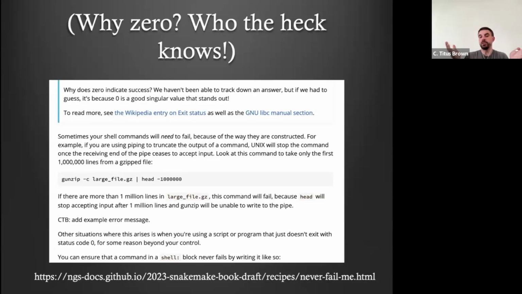This actually returns a non-zero exit code on any large file because head will stop accepting input. gunzip will try to write output and it will fail to write, and gunzip will say, oh, that shouldn't happen. And then your shell command will fail and SnakeMake will fail. So if you actually want to write subsampling into your snake file, you have to put an or true at the end of this command. And this mystifies students. So I wrote a whole section on it.